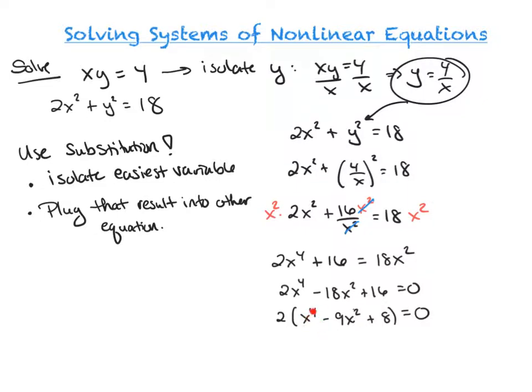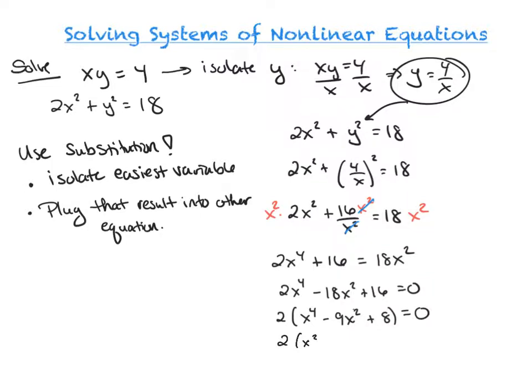The x to the 4th is not a 2, so it's not quadratic, but the leading exponent is double the middle exponent, and then there's a constant at the end. So this is quadratic in form, and we can factor it like we did quadratic equations.